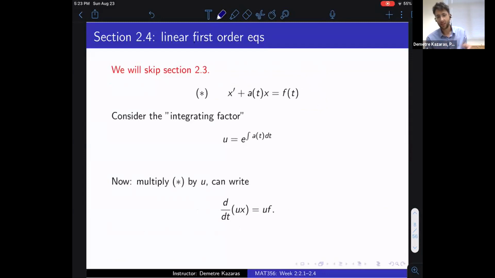Then the trick is you realize that upon multiplying both sides of the equation by u, the integrating factor, the left-hand side can be rewritten as the derivative of the product of the unknown function, in this case x, and u. From there, solving the equation is simply a matter of integrating both sides with respect to t, the variable, and then solving for the unknown function x(t).